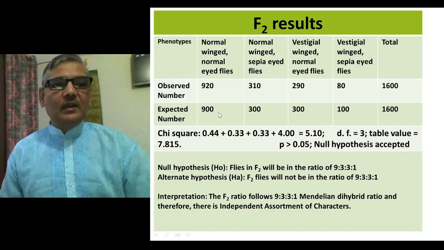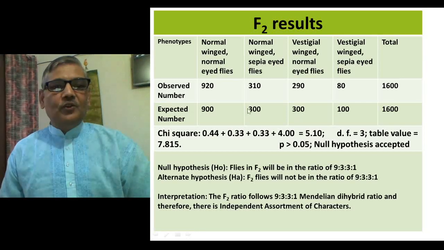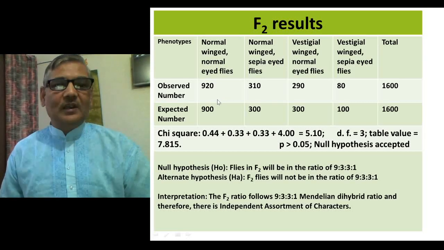So that way you can calculate the expected number, out of 1600: 900, 300, 300 and 100. You have to now see whether the difference between observed values and expected values is significant, or whether such difference is negligible, an insignificant difference.